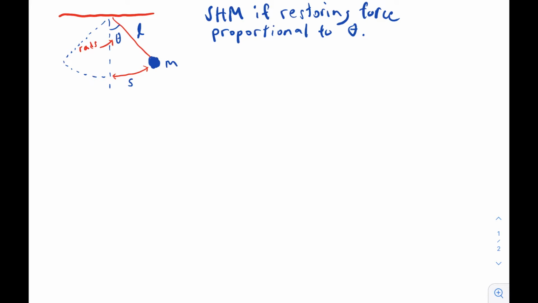We know that the pendulum bob has a weight that acts downwards, so the restoring force will be the component of this weight that acts tangent to the displacement arc. This is simply the weight of the pendulum bob multiplied by the sine of theta. We can call the restoring force F and say that F is equal to the negative of the mass multiplied by the acceleration due to gravity, multiplied by the sine of theta.